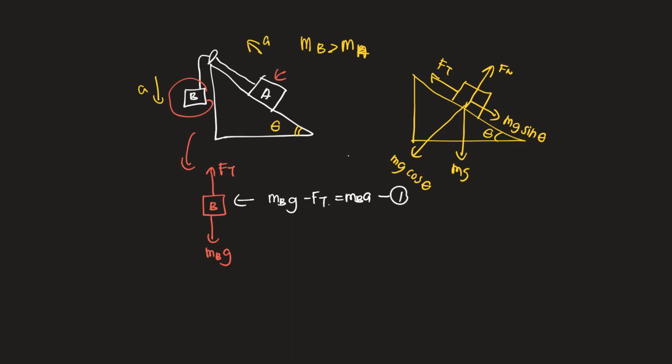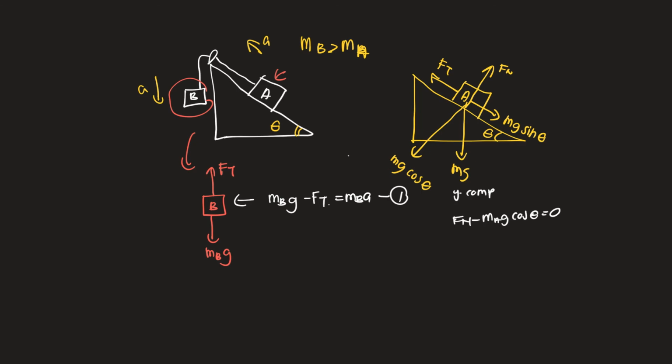For object A, I separate that into components first. I'm going to find the y component first, which is going to be fn minus mAg cos theta equals 0, because it doesn't move upward.